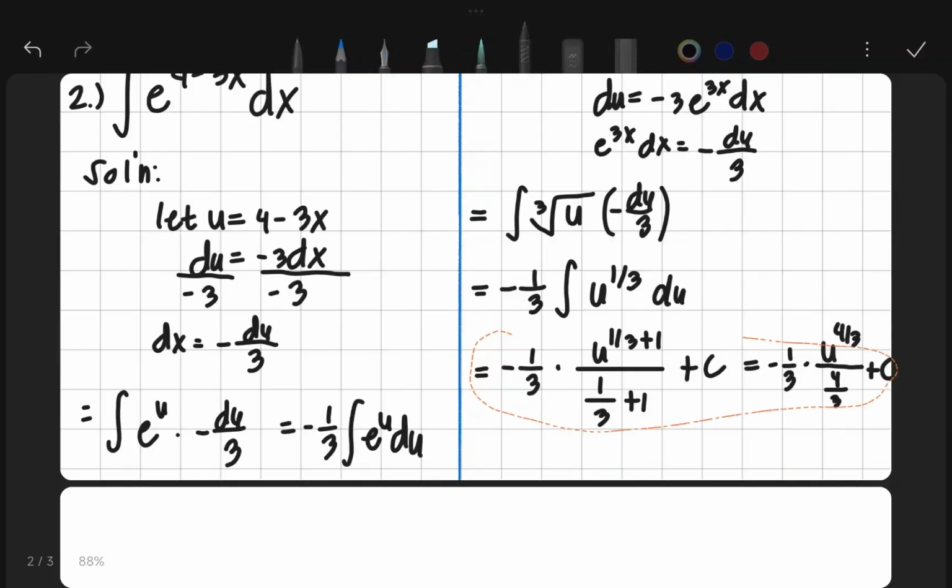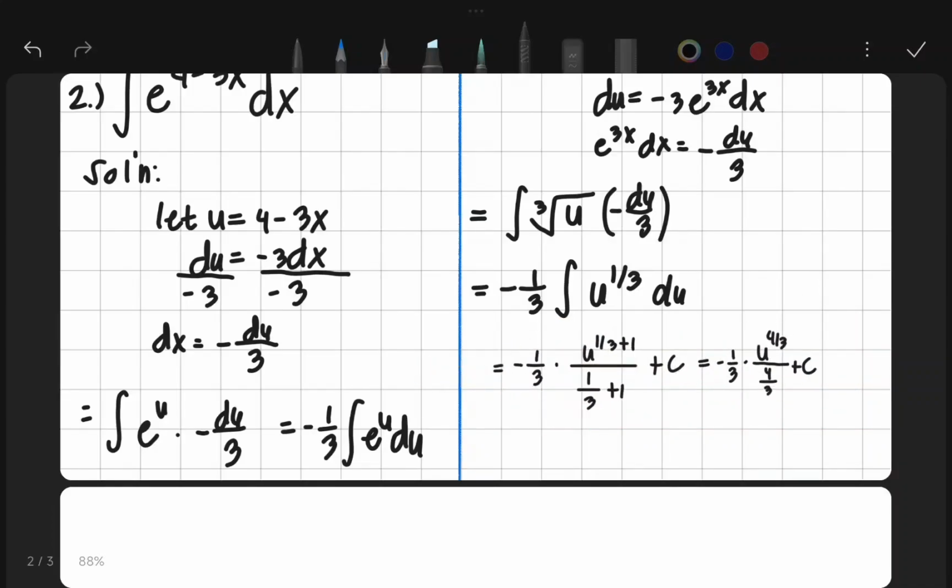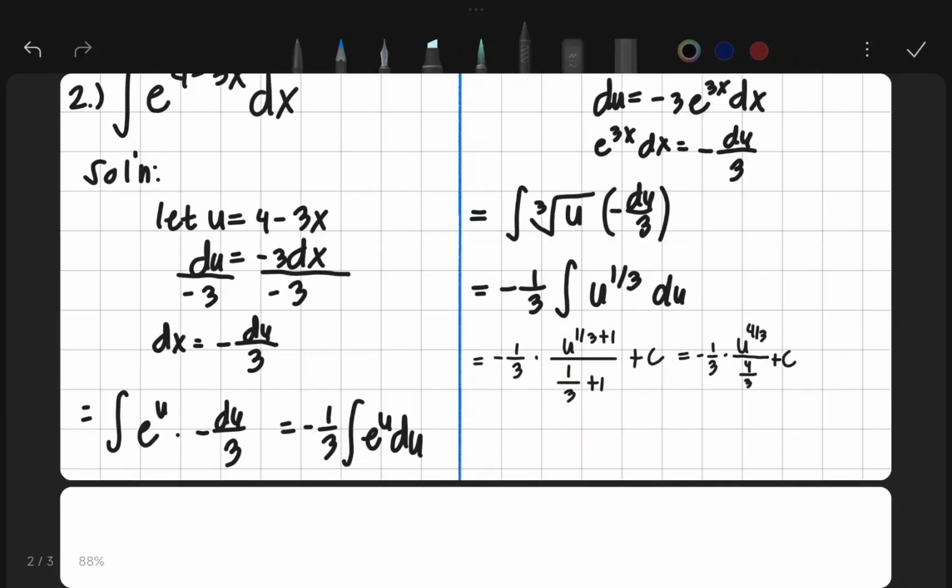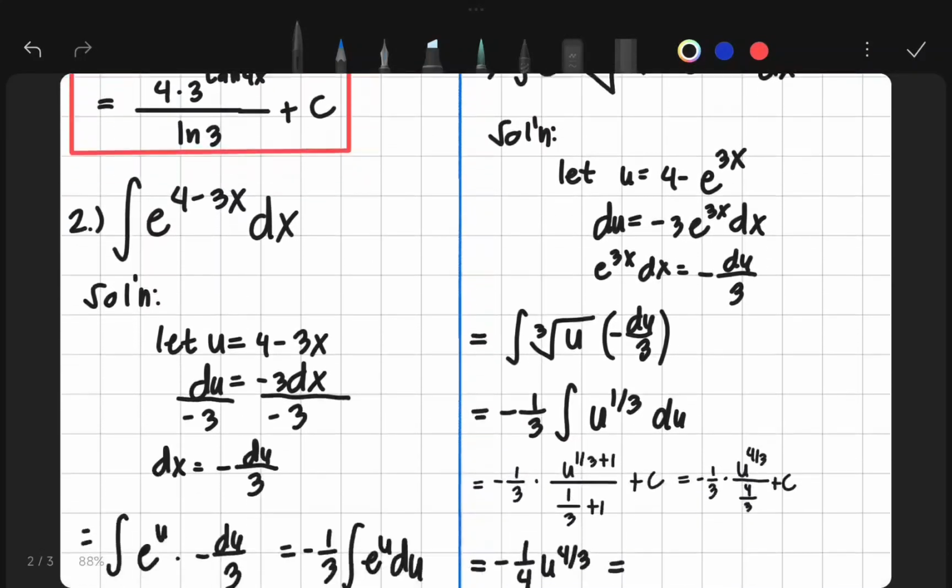I need more space. After, we can simplify this by cancelling out this 3, which will leave negative 1/4 u raised to 4/3, and u is equal to our original value, 4 minus e raised to 3x.